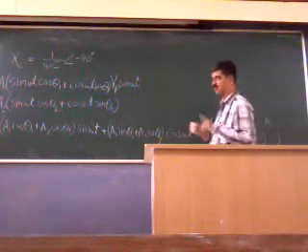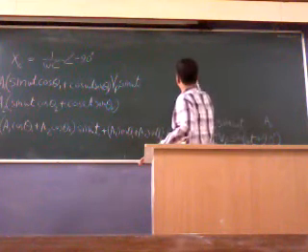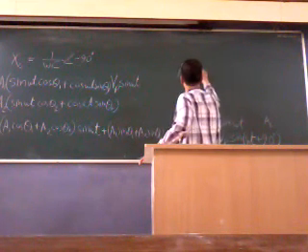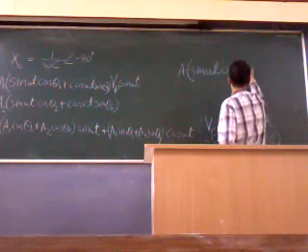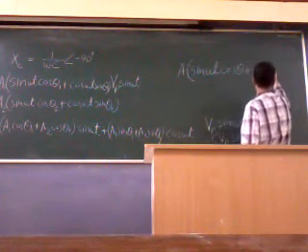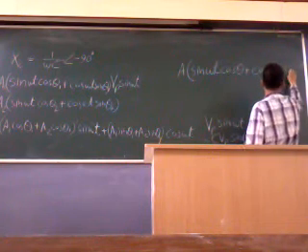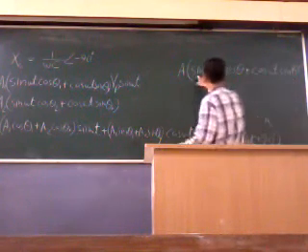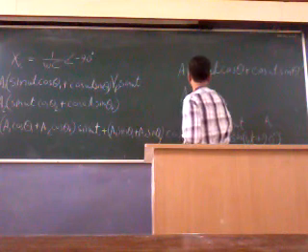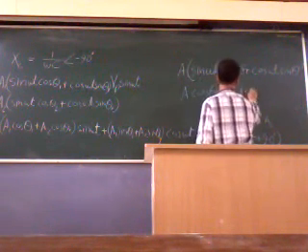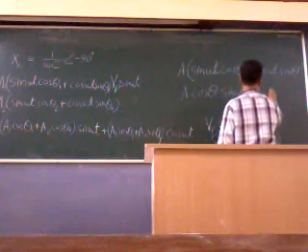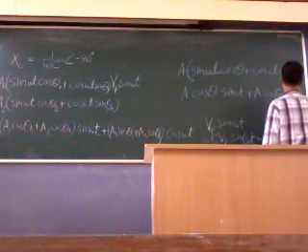This being A sin omega t plus theta means A into the bracket sin omega t cos theta plus cos omega t sin theta. Then what have we got for the sin term? A cos theta sin omega t plus A sin theta cos omega t.